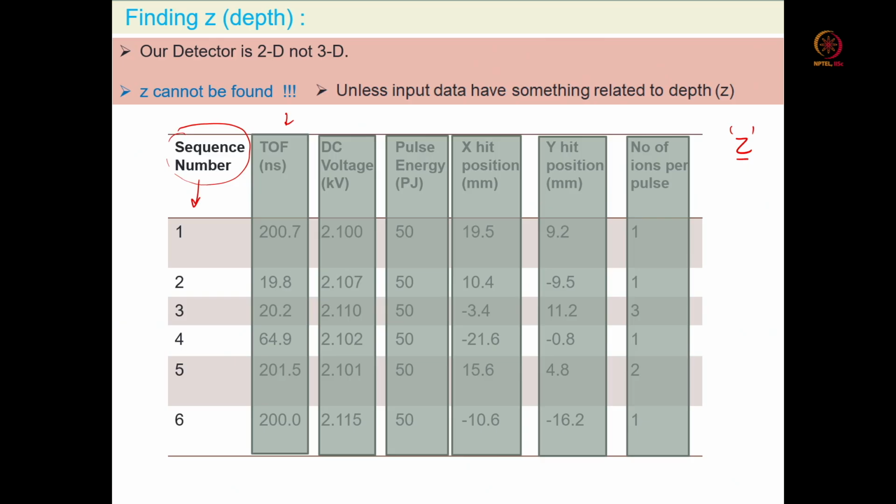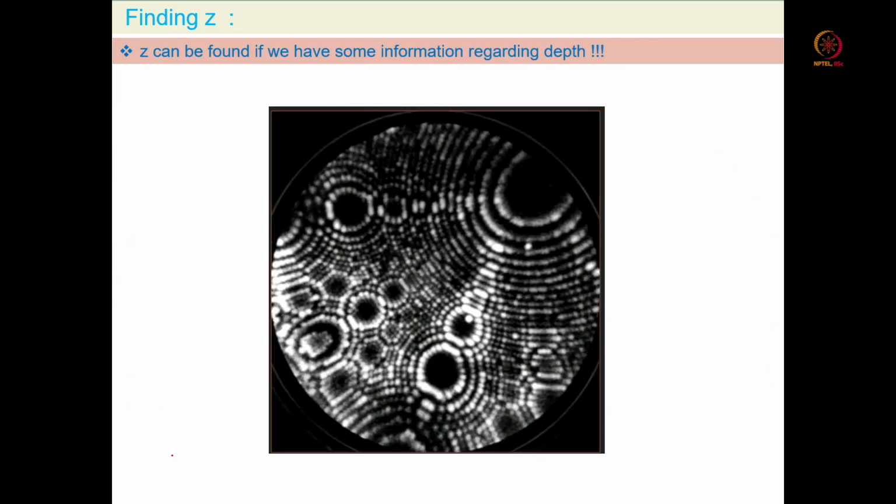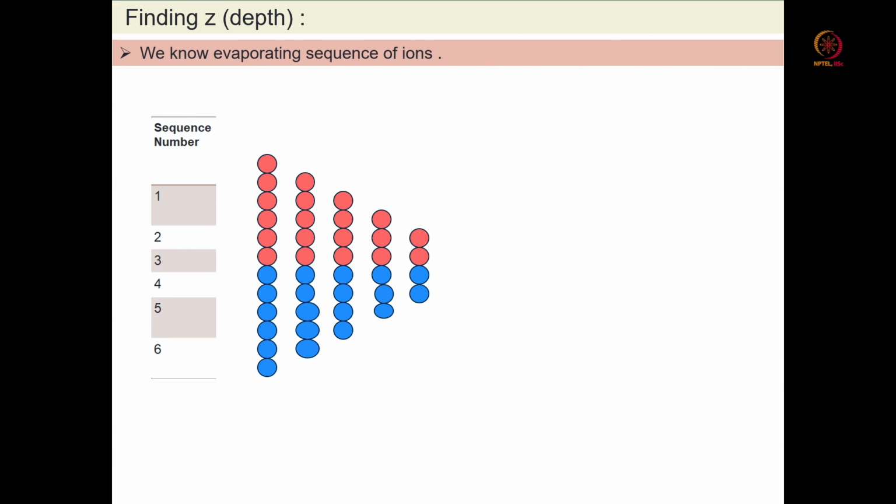In the last class we discussed in detail how the atoms are field evaporated sequence by sequence. With this sequence, we can calculate the evolution of Z during the field evaporation. This is a schematic of a needle specimen, and the colors correspond to different chemical species.